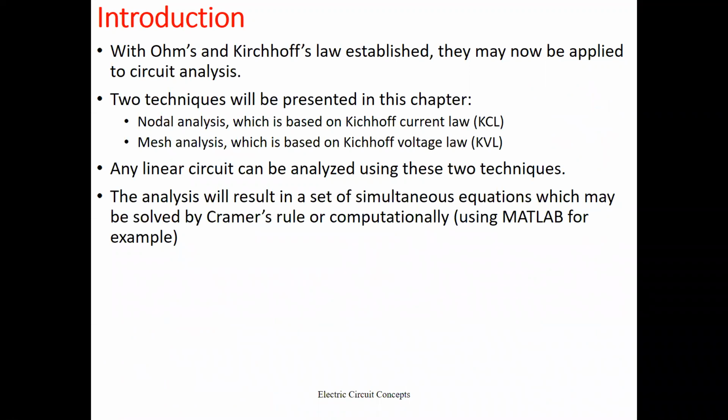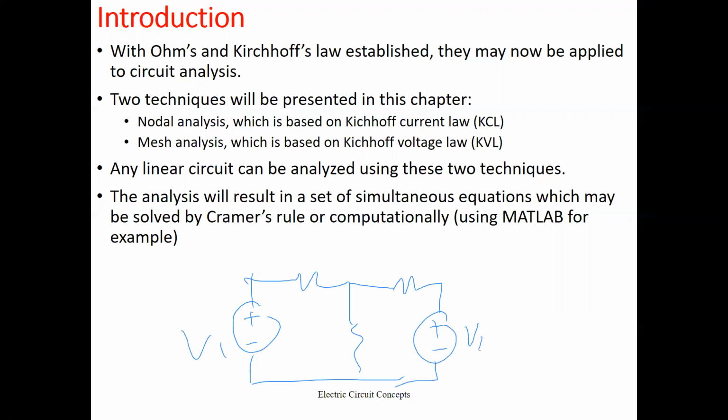Now, what happens if we have a circuit that has more than one source or more than one loop? For example, this is V1, V2, and this is R1, R2, and R3.